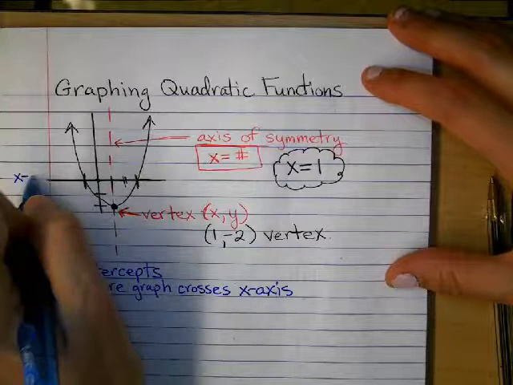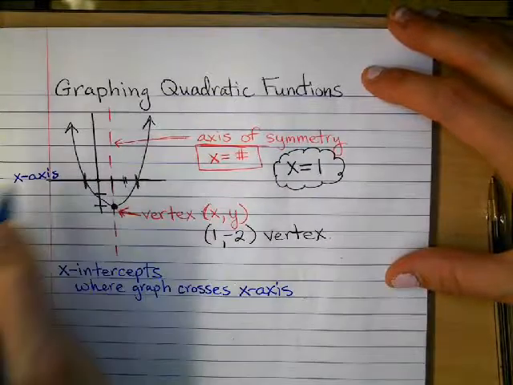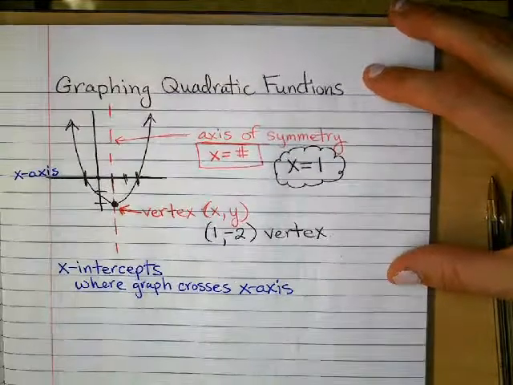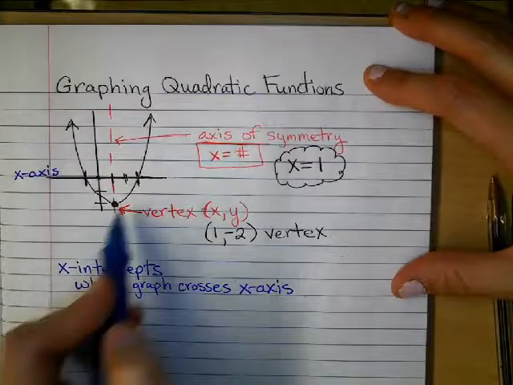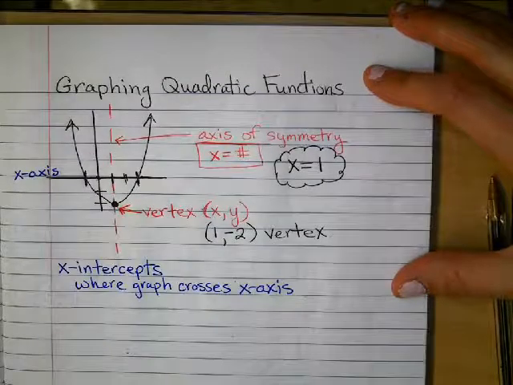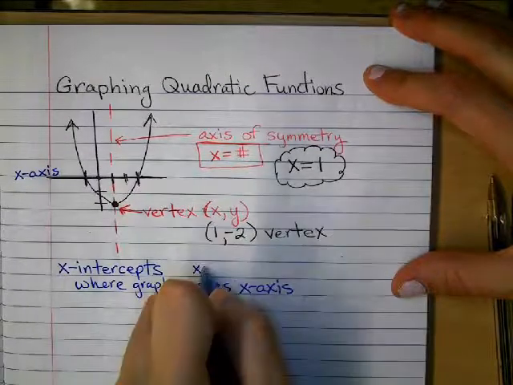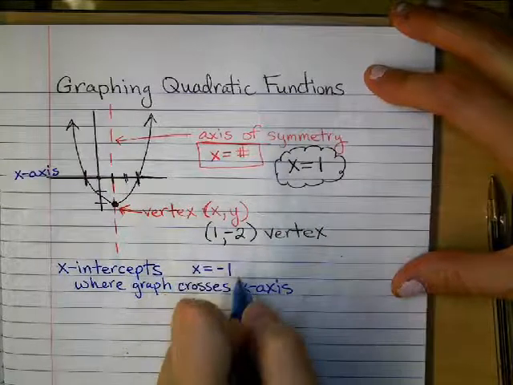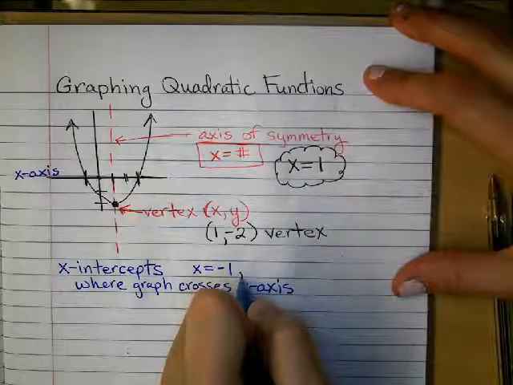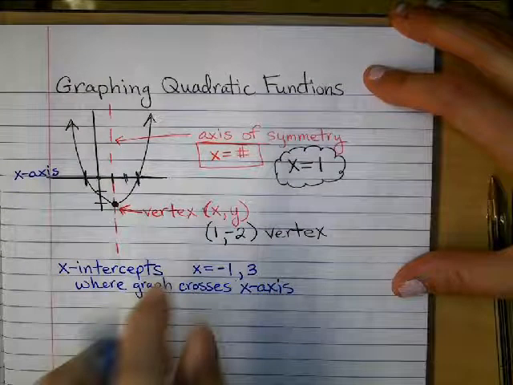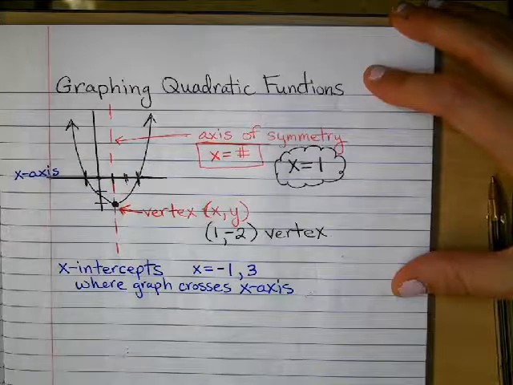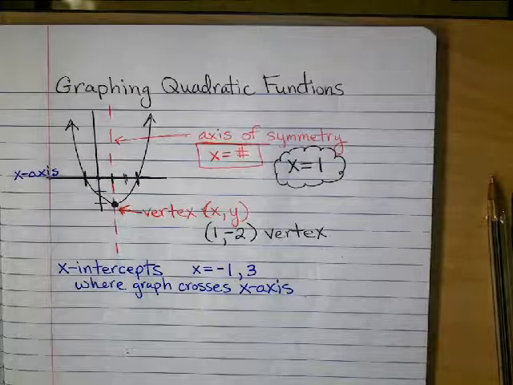Where are the x-intercepts? Where does the graph hit the x-axis? X equals negative and 3. You could just put a comma, like in 2 spots. X-intercept 3.